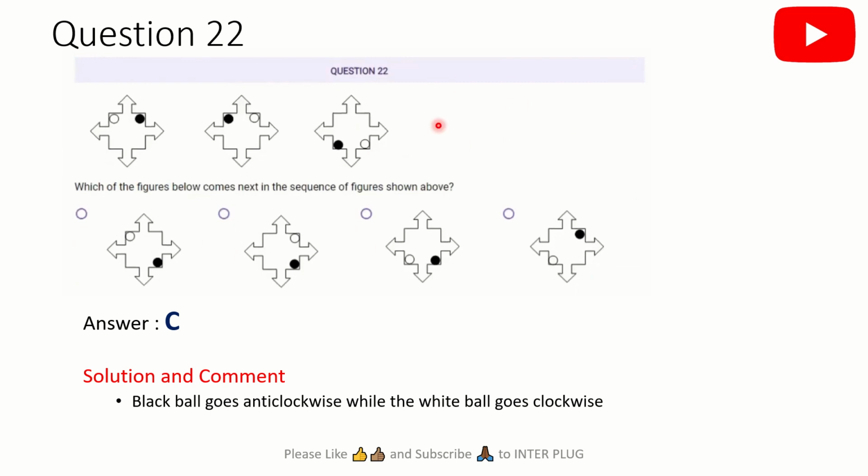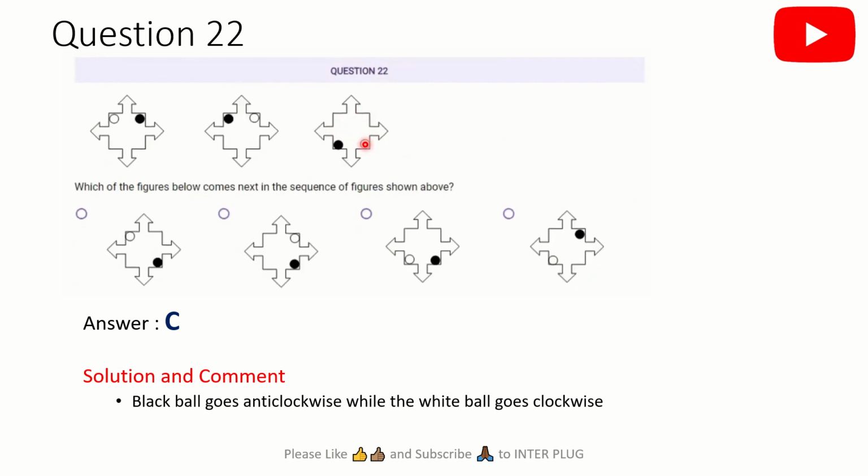Question 22, we have a pattern. We need to look for the last member who completes the family here. So we look at the white ball, or the white egg, or any way you want to call it. We see that from this figure to this one, it goes from this position to this position, and from this to this, it goes down. So it's going in a clockwise direction, in a circular movement.